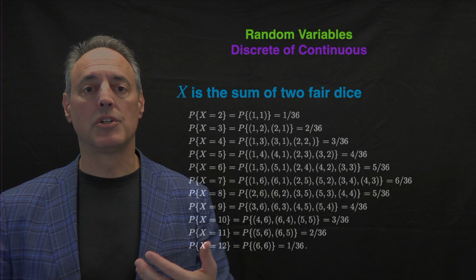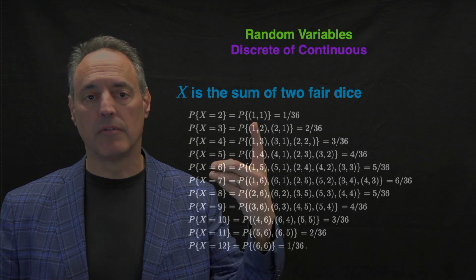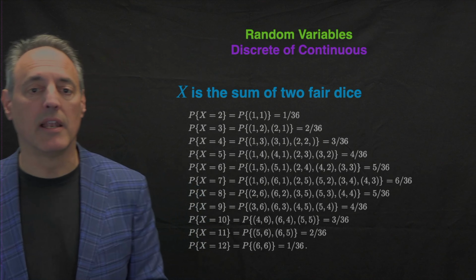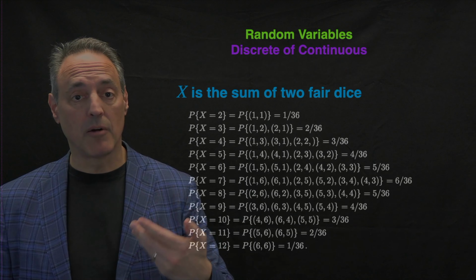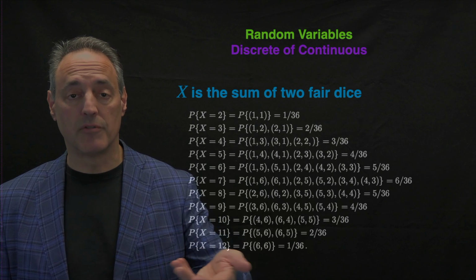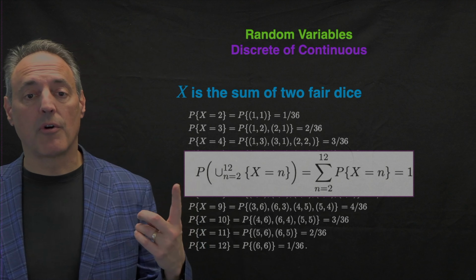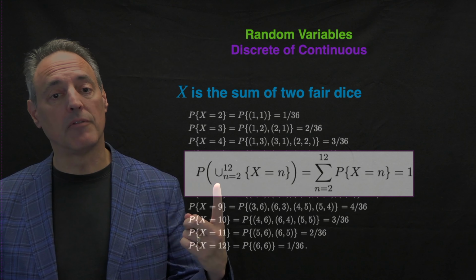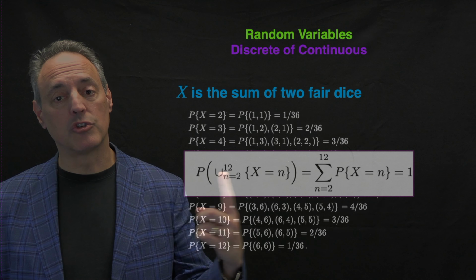In other words, if we assume that everything is fair dice rolls, then this is the distribution that you would get from the random variable you're working with, this random variable being the sum of two dice. Okay? And so we can start putting together our probability calculations and our space, which is the probability of the union of this random variable taking on a value from 2 to 12.